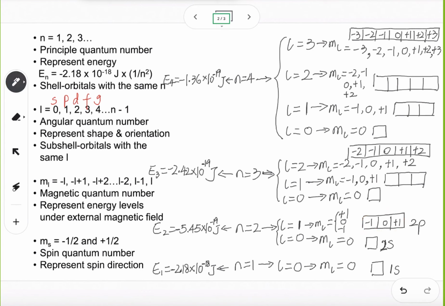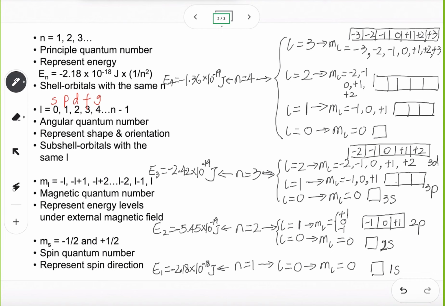Now the next one here is going to be a 3s orbital, L equals 0, the corresponding letter is S. And the next one is these 3 boxes here, that's going to be 3p, because L equals 1, the corresponding letter is P. The next one here, N equals 3, L equals 2, the corresponding letter for 2 is D. So these 5 boxes we label as 3d orbitals.